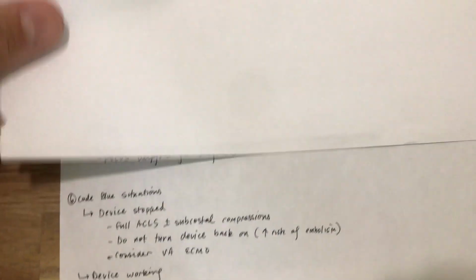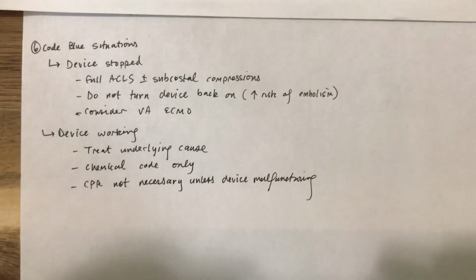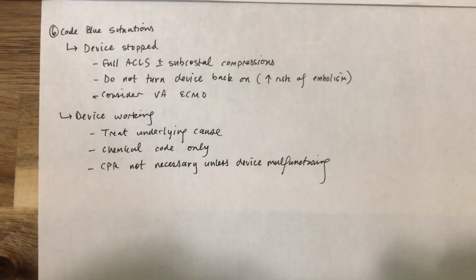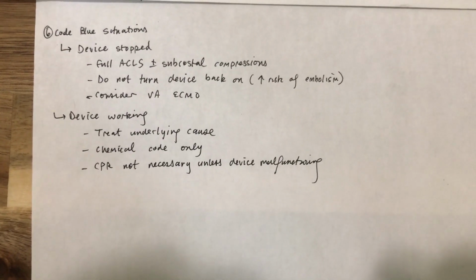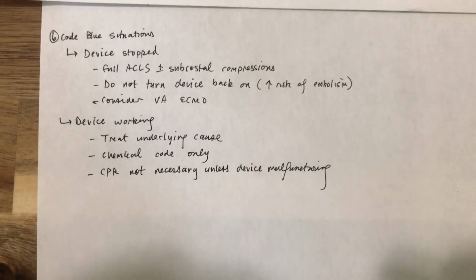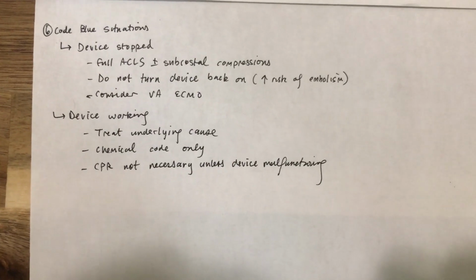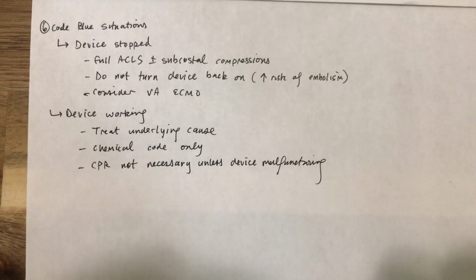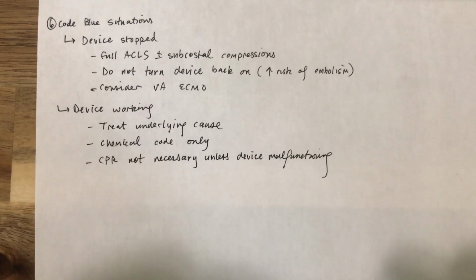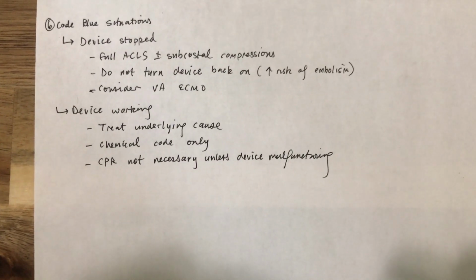And then the last thing that we're going to talk about is code blue situations. The thing that you want to know whenever the patient's heart stops is whether the device is working or not. If the device is not working, do full ACLS, including high quality CPR. Subcostal compressions have been reported as equivalent to normal chest compressions.